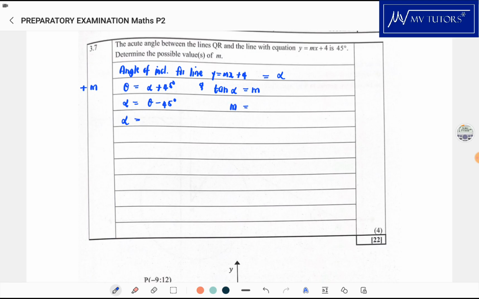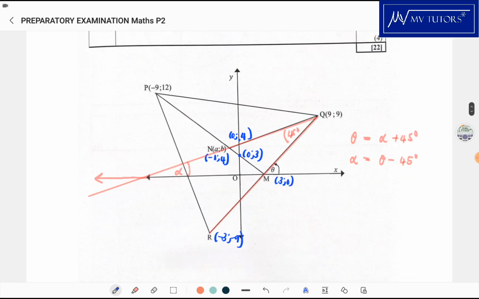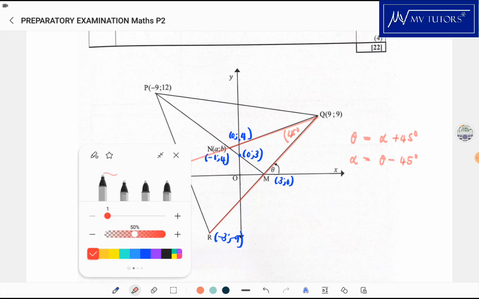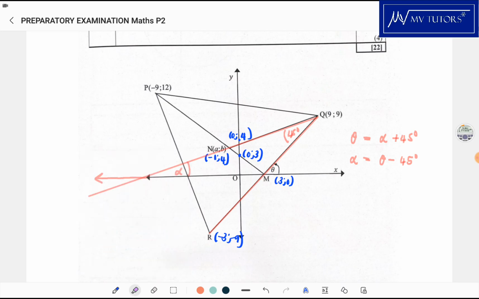Okay, what if we then had a negative gradient? How would that one look? Let's also get a different shade color. Maybe let's go with purple. If it was a negative gradient and we needed to get 45 degrees, let's see. So it has to pass through 4.